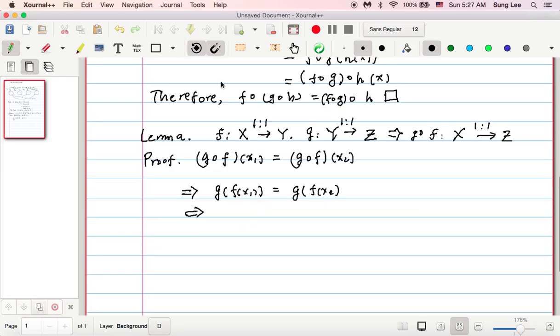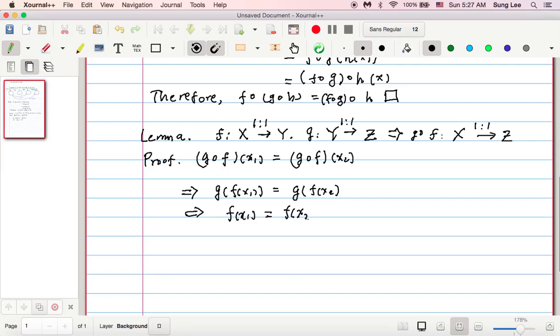Now this implies that f of x1 and f of x2, the pre-images under g, have to be the same. Why?